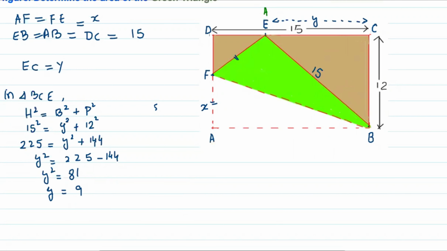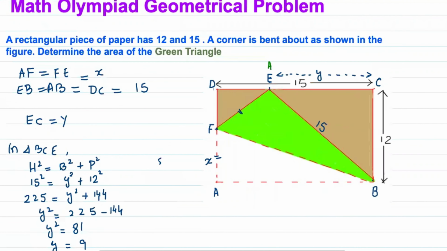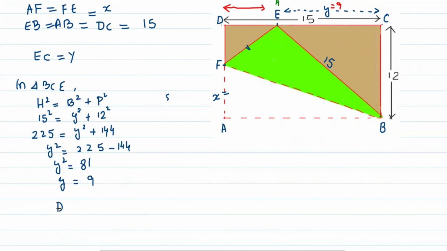Now the length of ED, with Y equal to 9: the remaining length DE will be equal to total length DC minus EC. Now you can write it as 15 minus Y, that is 15 minus 9, equal to 6. Therefore, this length is equal to 6.